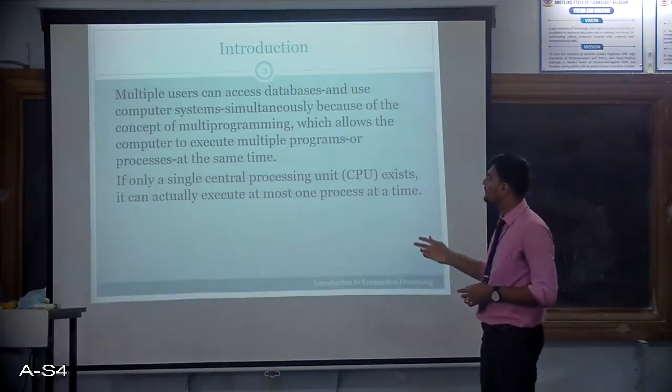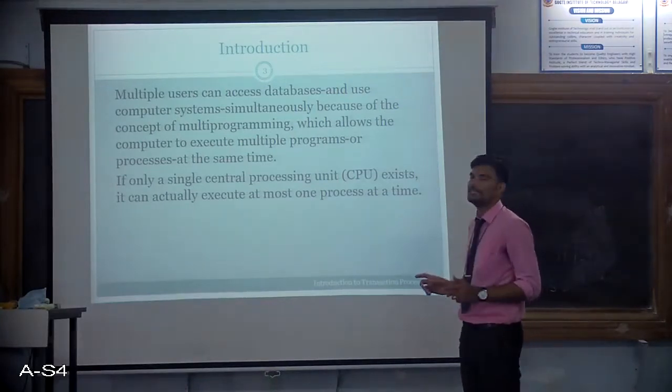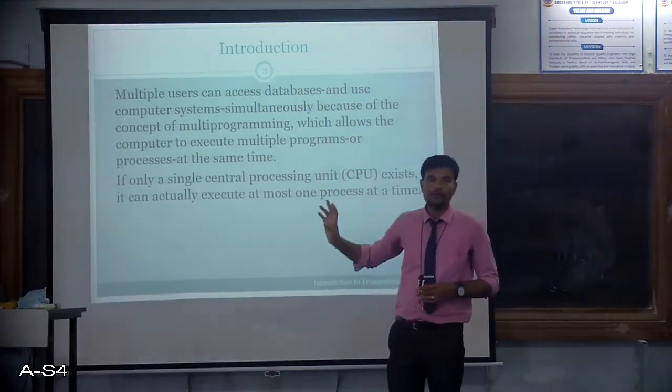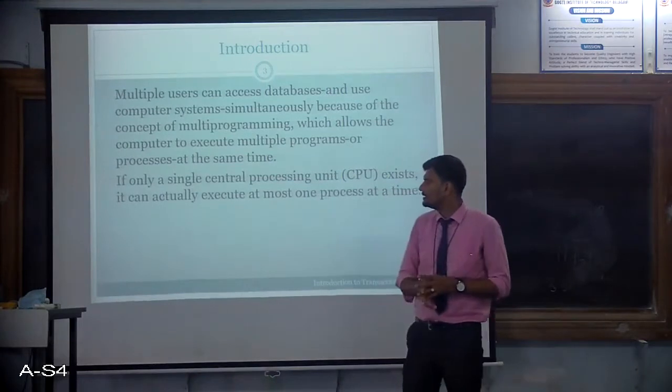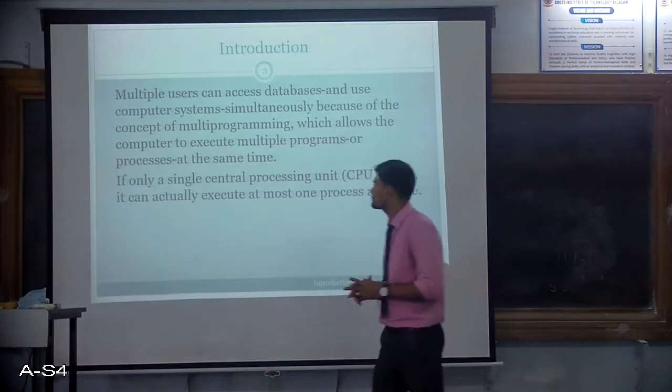If only a single central processing unit exists, it can actually execute at most one process at a time. Suppose we have only a single CPU, in that case it can execute at most only one process at a time.